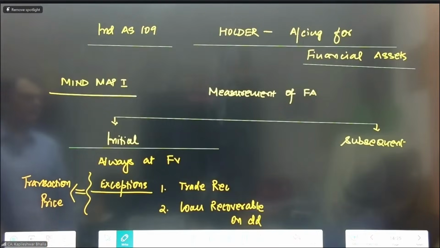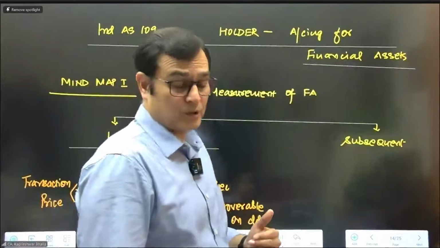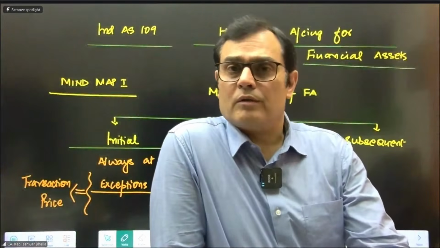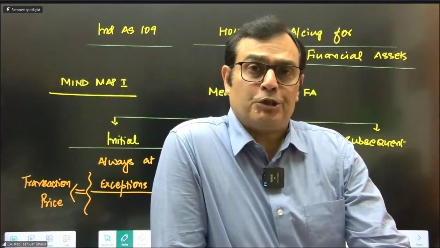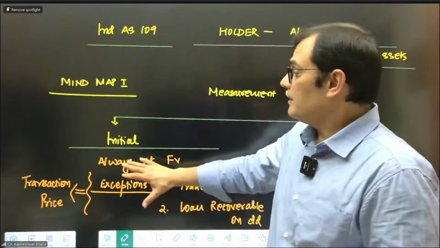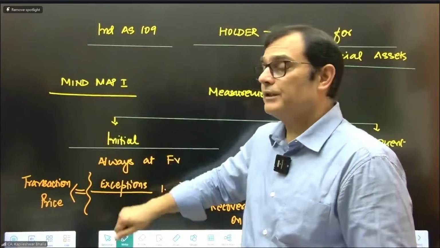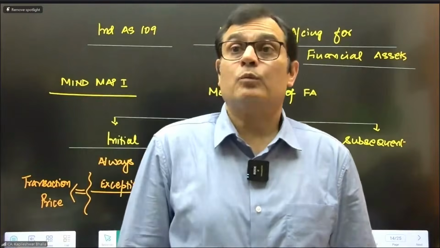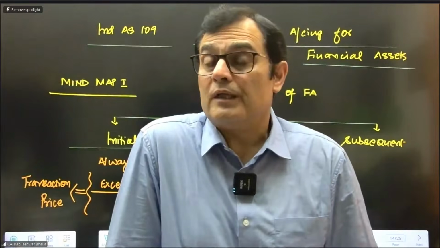Now, just to make a little mention at this stage, because that would also be another area of focus. When you record the financial asset initially at fair value, leaving the case of exceptions, there could be a difference between the fair value and the transaction price, which needs to be captured in the books of accounts.